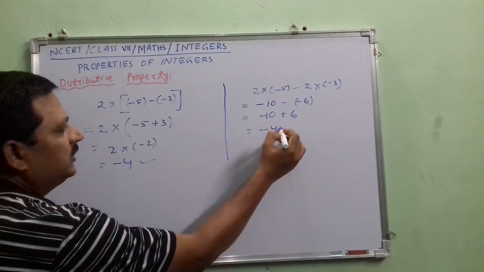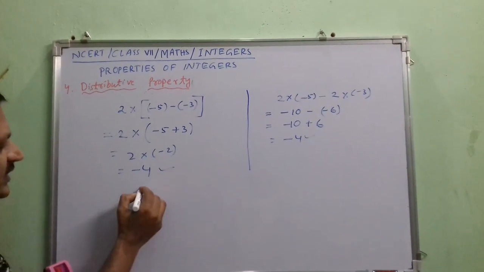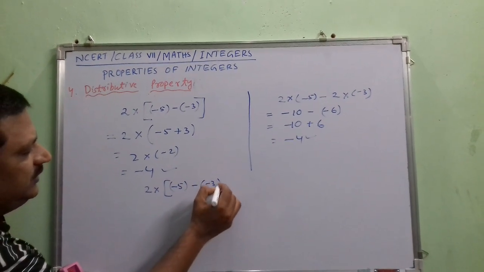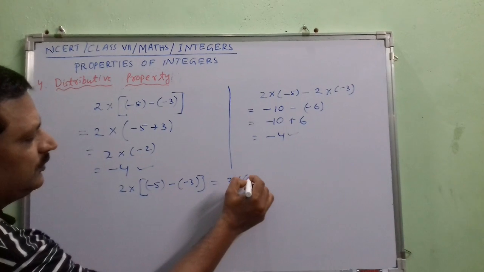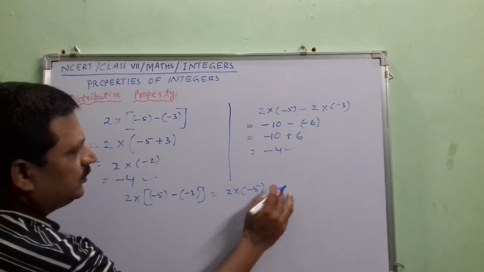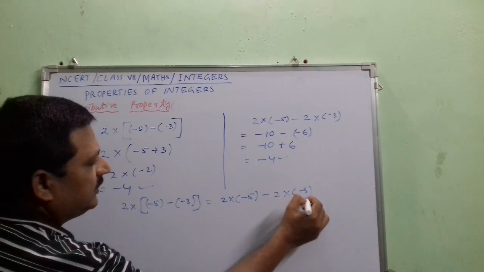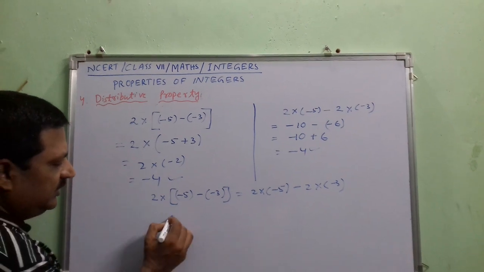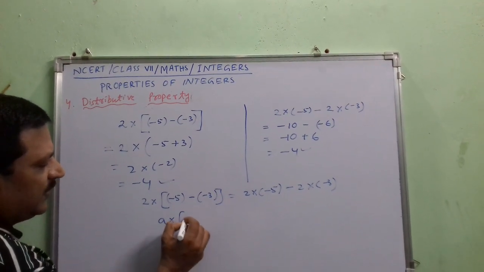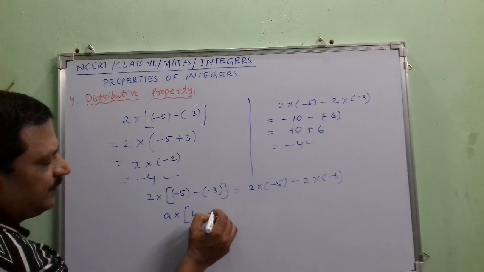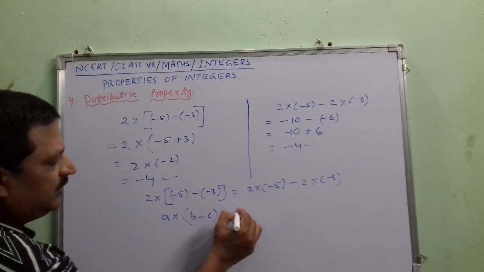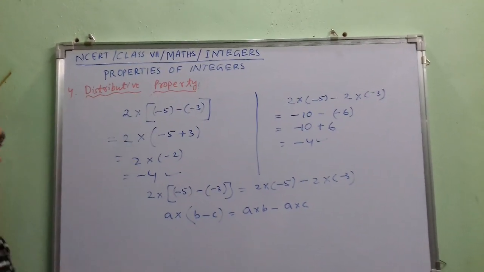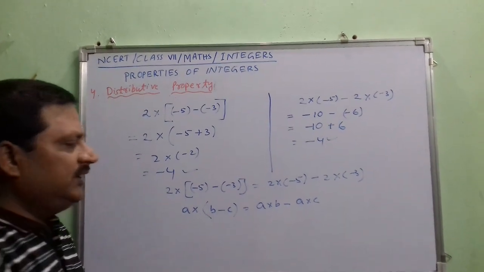Here you see we got the same result again. So we can say that 2 into (minus 5 minus minus 3) is equal to 2 into minus 5 minus 2 into minus 3. That means if A, B, C are three integers, then A into (B minus C) gives you A into B minus A into C. Earlier we had plus and here we have minus.